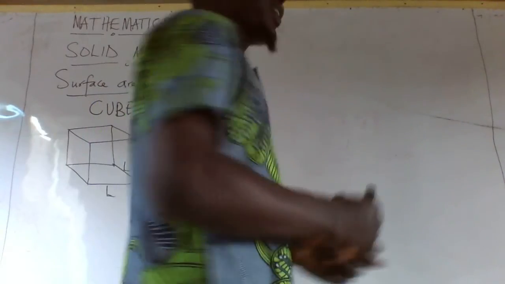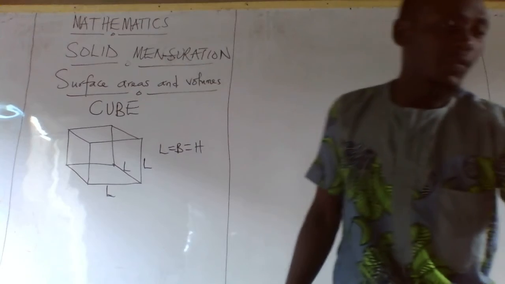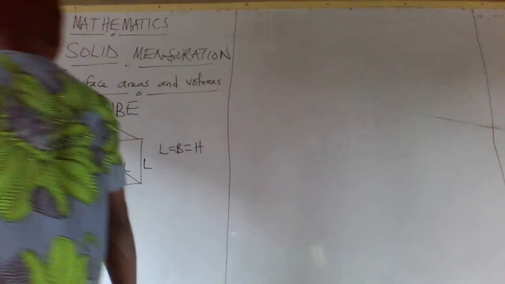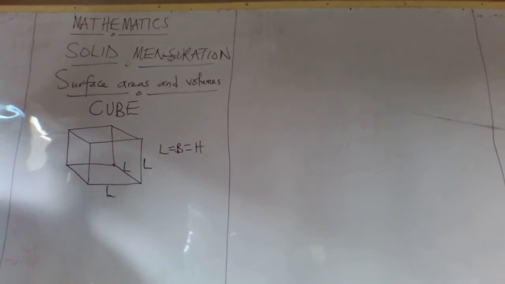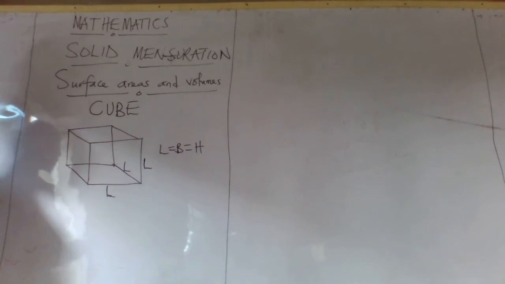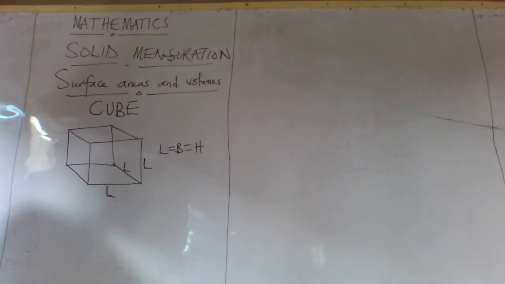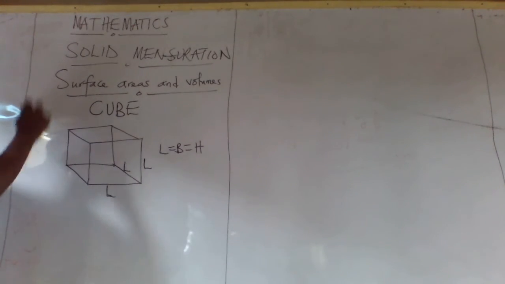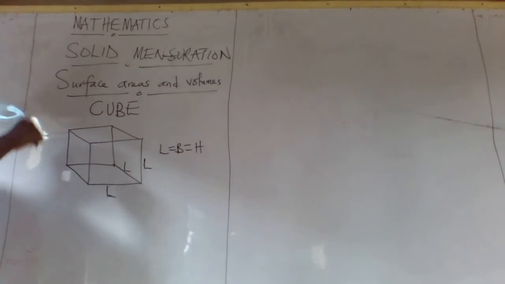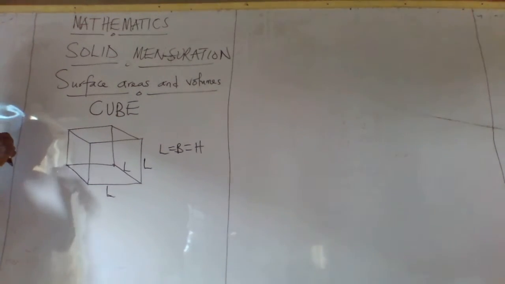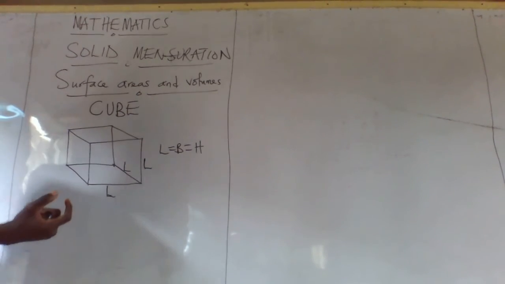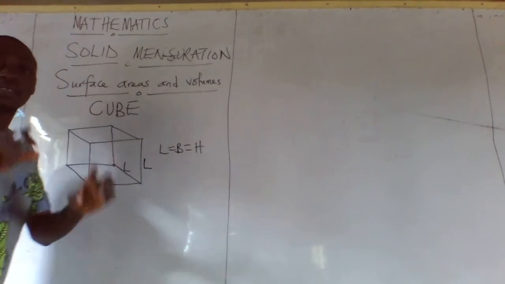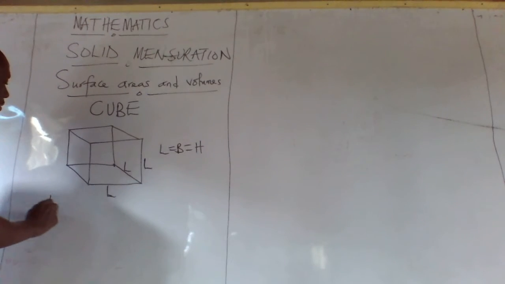So let's discuss the surface areas and the volumes of the shape cube. Surface area of a cube: if we have concrete objects like a cubic sugar, we'll see that it has 6 faces, and each of the faces is composed of a square. You know that the area of a square is L squared.